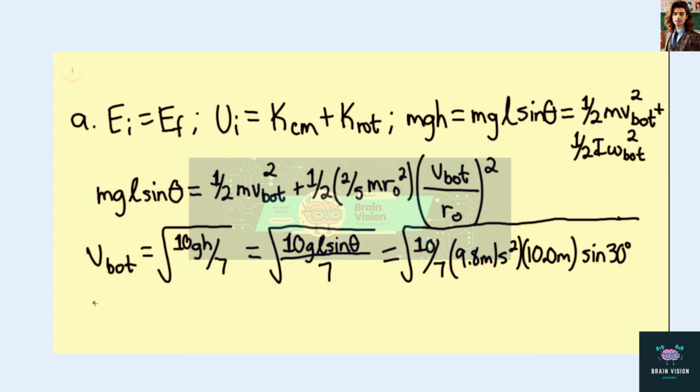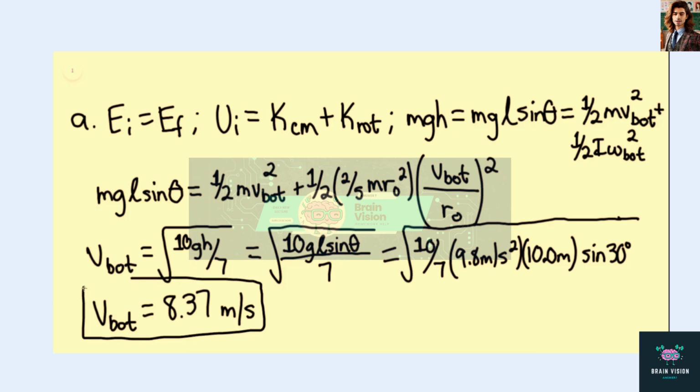And so the velocity at the bottom equals 8.37 meters per second. This is the linear velocity.